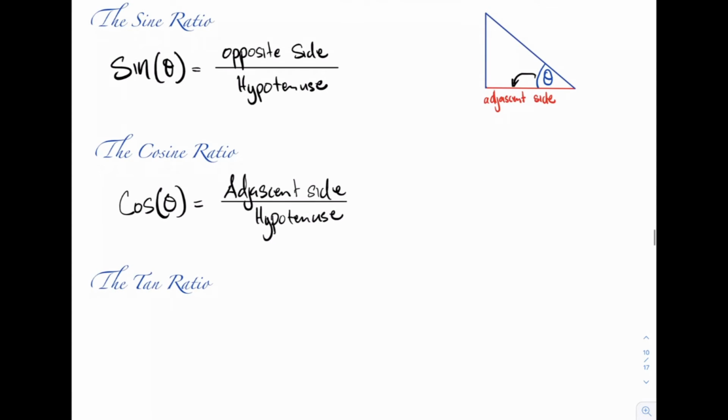And the tan ratio says that the tan of the angle is equal to the opposite side divided by the adjacent side.